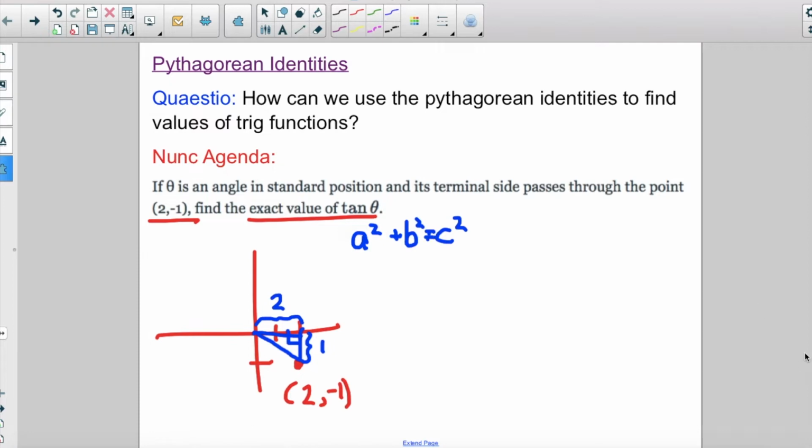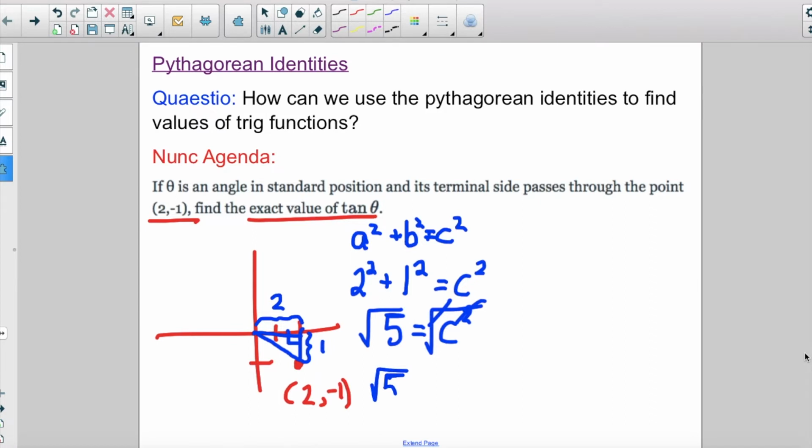So a would be the leg, so 2 squared plus 1 squared equals c squared. 2 squared is 4, 1 squared is 1, 4 plus 1 is 5, so 5 equals c squared. Square root both sides, square root and the squared cancel, and we get square root of 5 equals c.